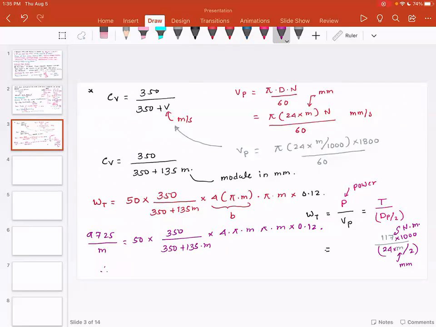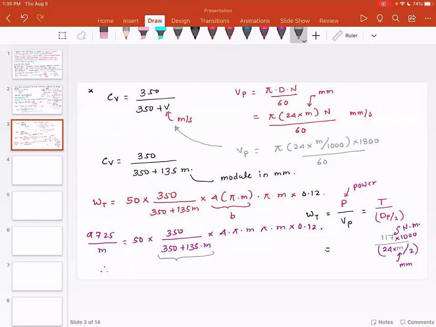With newer calculators, you can just plug in the equation and then try to find the values. When I was a student, what we used to do is assume a value of CV.